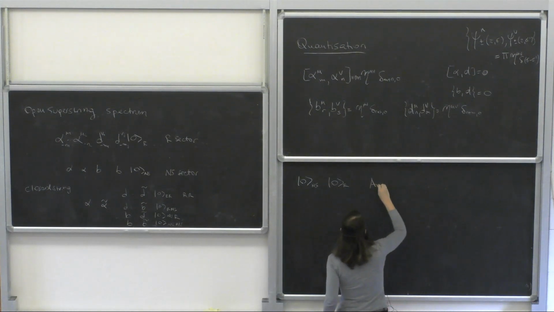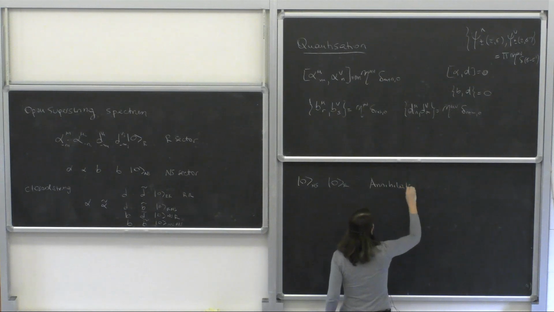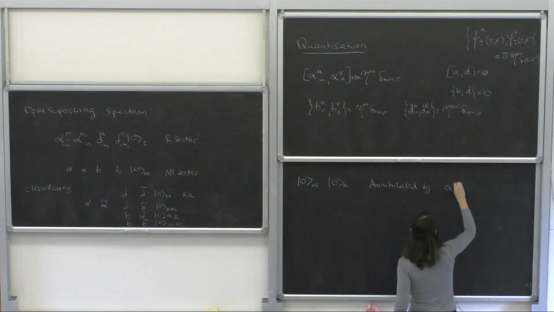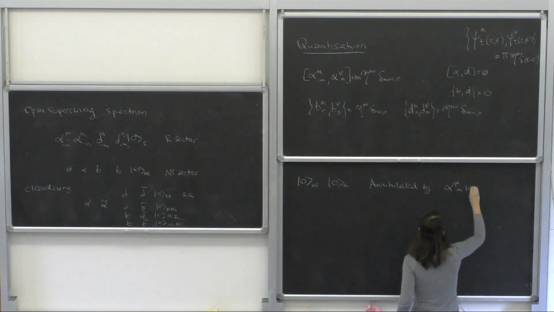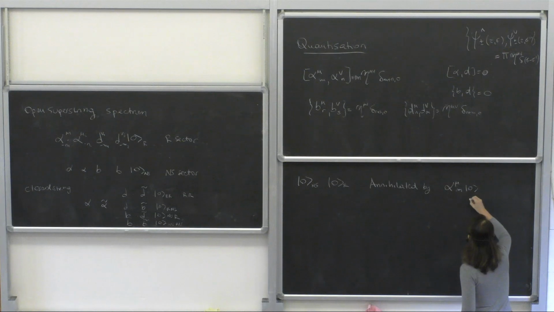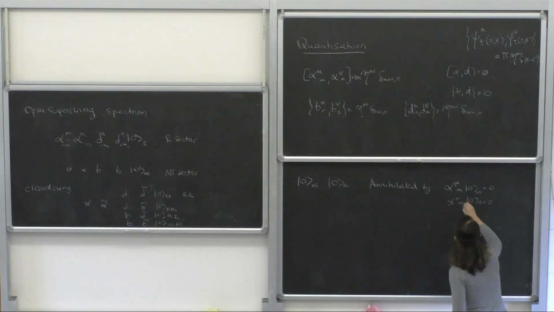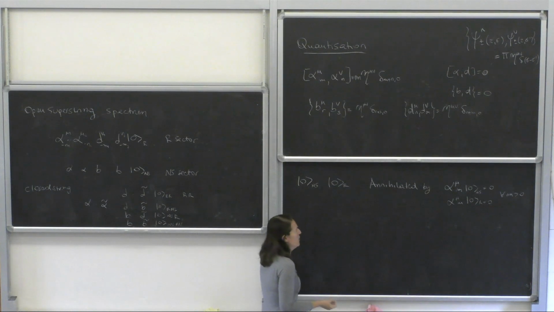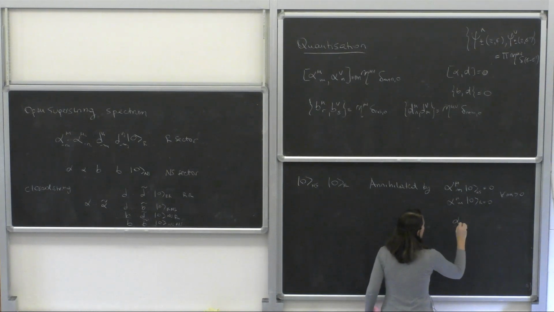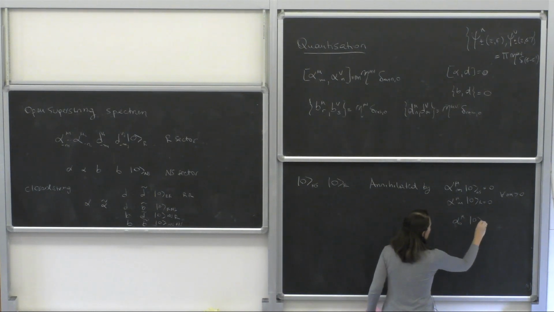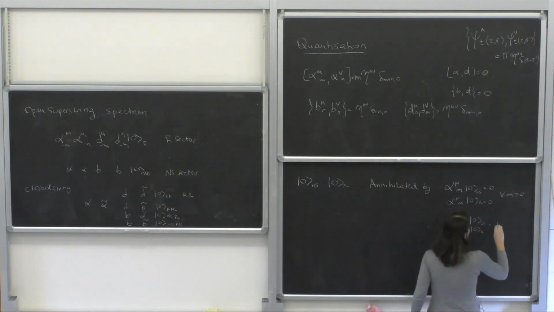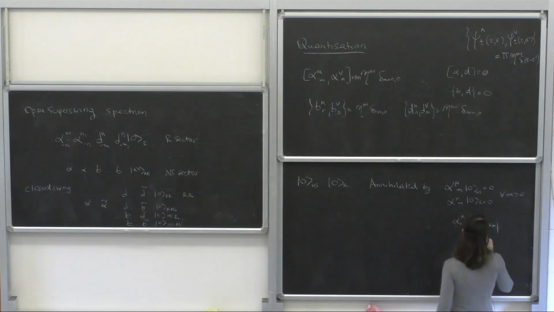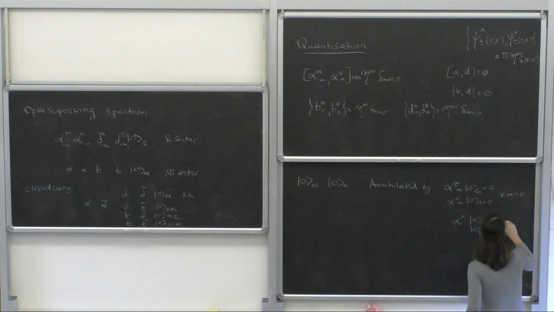These are annihilated by alpha_m^mu, so either NS or Ramond, for all m greater than 0. alpha_0 gives me p^mu. So alpha_0^mu on either vacuum, or the ground state, is proportional, so alpha prime, I always get these factors wrong, but this is proportional to p^mu on |0, NS> or |0, Ramond>.